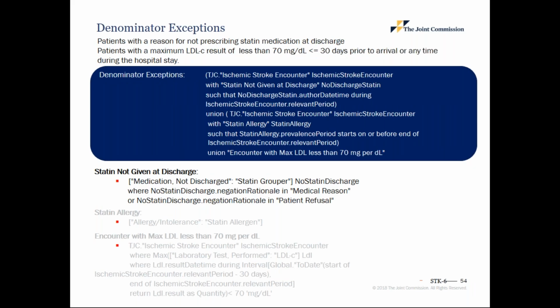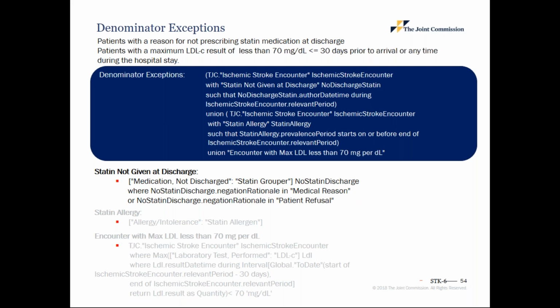The denominator exceptions is looking for patients with a reason for not prescribing a statin medication at discharge, or patients with a maximum LDL result of less than 70 milligrams per deciliter, less than or equal to 30 days prior to arrival or any time during the hospital stay.